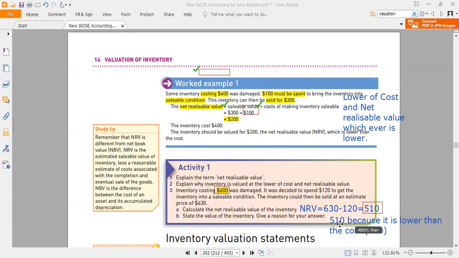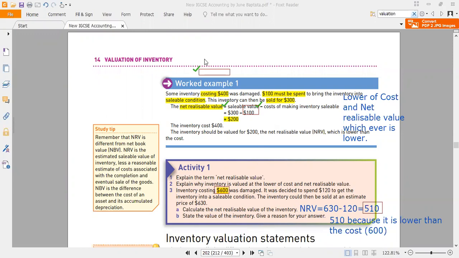Okay, once you calculate it, I'm just explaining again how you record inventory. First of all, if only cost is there, no damage, nothing else, then you have to record at the cost. There is no problem.